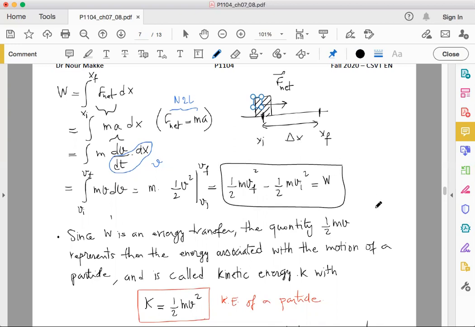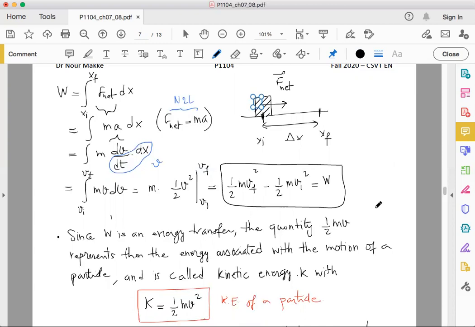Now, since we know that W is an energy transfer, okay, and as we see in this expression, it turned out to be a difference between two terms. It is actually the difference between the quantity half mv squared evaluated at t final and the same quantity half mv squared evaluated at some t initial.